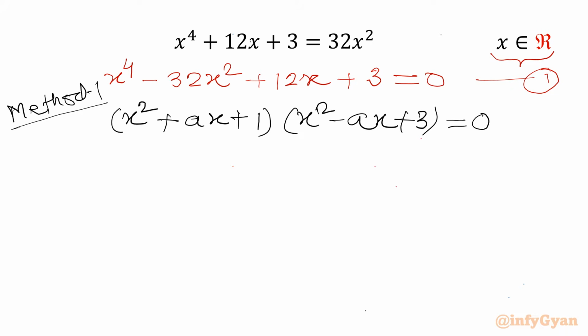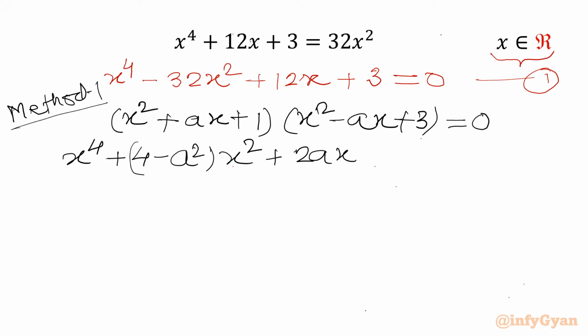Now I will expand: x^4 + (4 - a^2)x^2 + 2ax + 3 = 0. I will call this equation number 2.